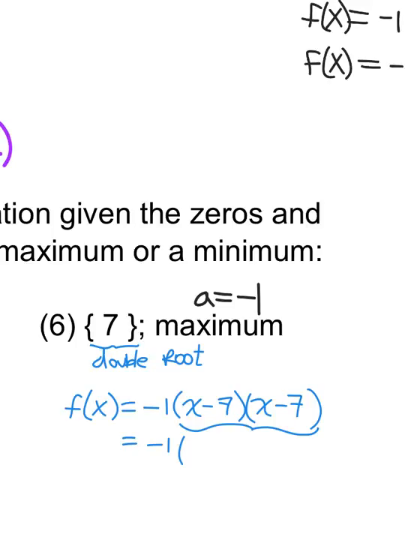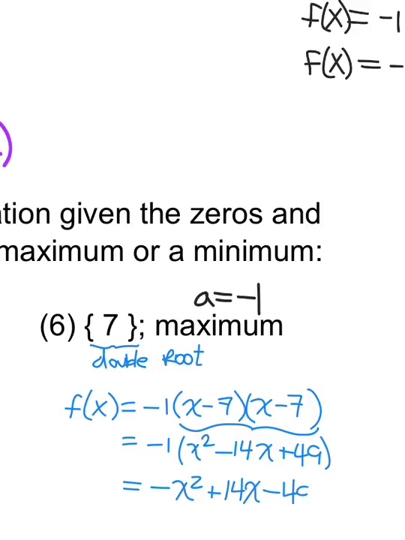So negative 1 times x squared minus 14x plus 49, negative x squared plus 14x minus 49.